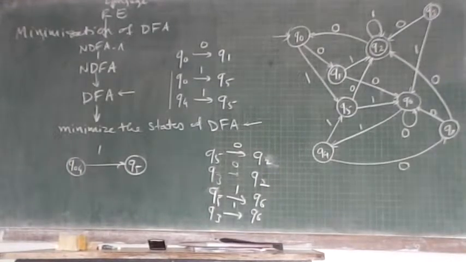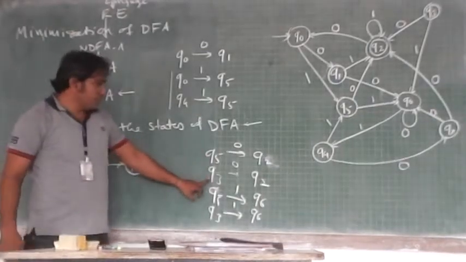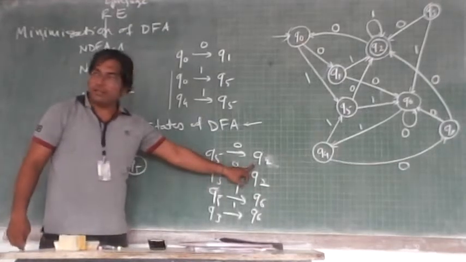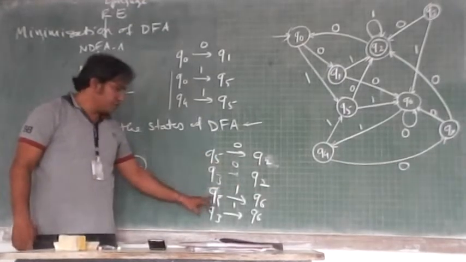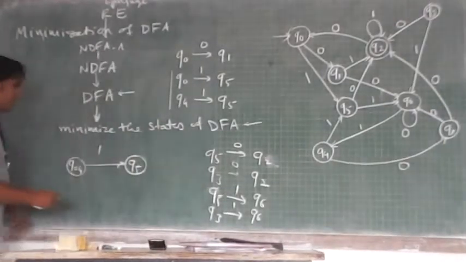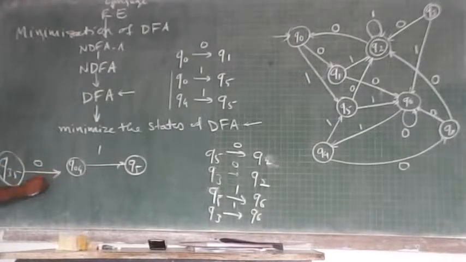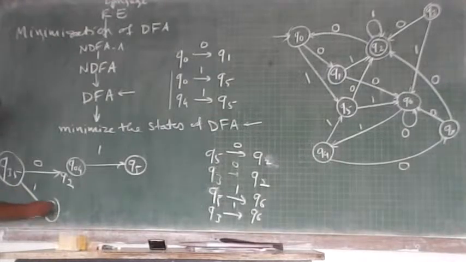Something here I am able to work out to minimize. Here, Q5 and Q3 are states where for 0 I go to Q2, and from the same set of states for input 1 I go to Q6. Isn't it? It is equivalent: if I merge Q3 and Q5, for 0 I will go to Q2, and for 1 I go to Q6.